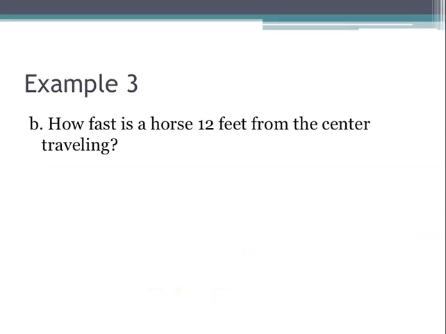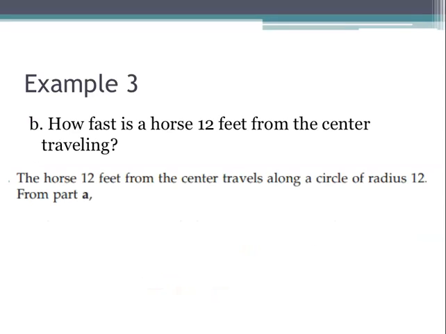So a horse that is 12 feet from the center means that it is 12 feet from the center of the circle, if you want to think of that merry-go-round as a circle. If it's 12 feet from the center, that means the radius is 12. So all you have to do to find the linear speed is multiply the angular speed, which you found in part A, by r. So this is going to be 12 times 16 pi.